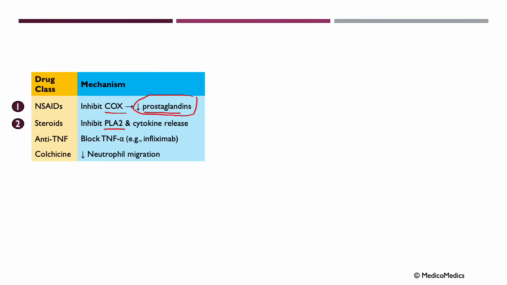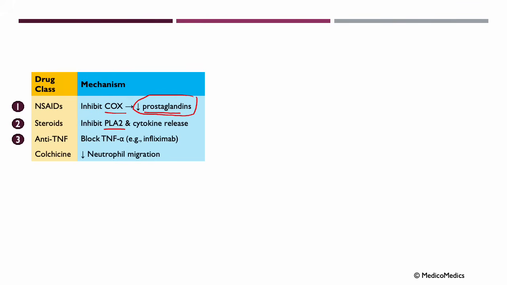This is what makes steroids very powerful anti-inflammatory and immunosuppressive agents. We use them in asthma, autoimmune flares, even in transplant rejections. However, with a lot of good, there is always some bad. So long-term use comes with risks like immunosuppression, osteoporosis, adrenal suppression, etc.